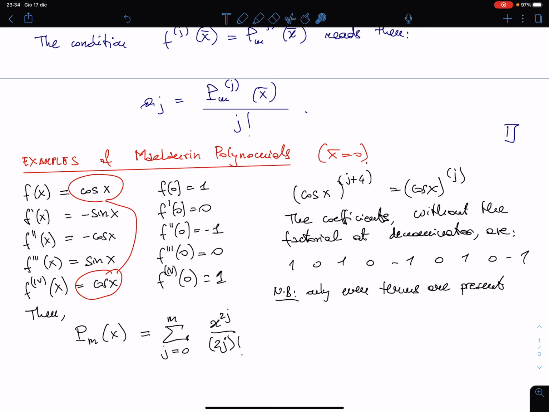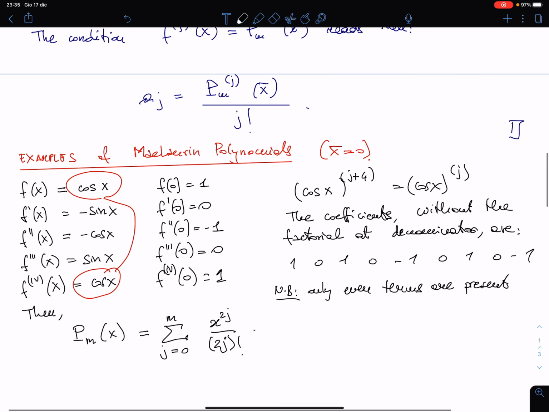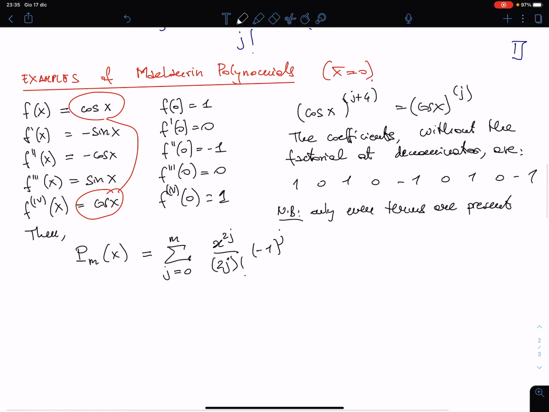When j is equal to 0, we have f of 0, which is 1, positive. When j is equal to 1, we are at f second, and this is negative. So here we have to write minus 1 to the jth power. And cosine of x is equal to this Pm of x.